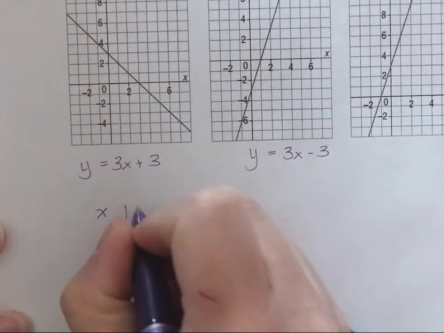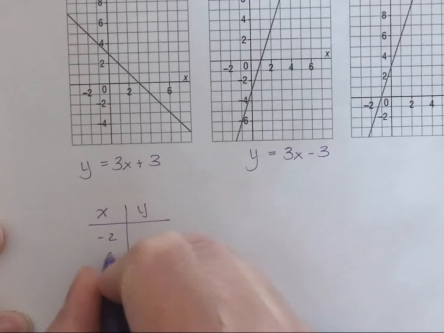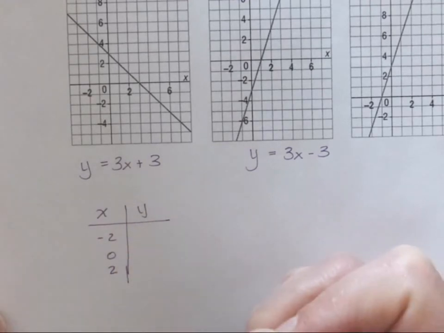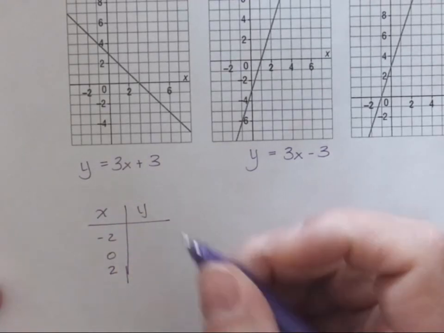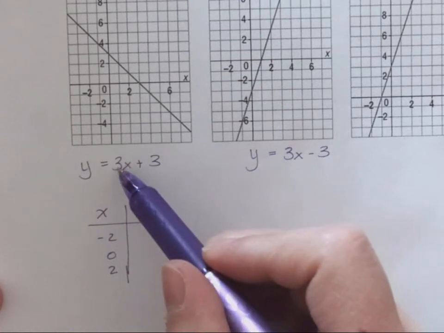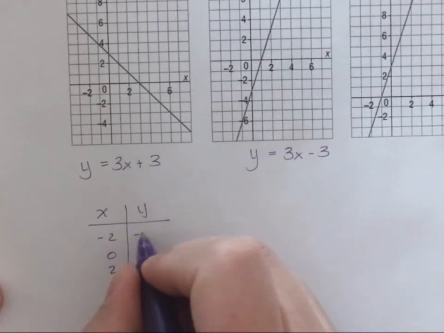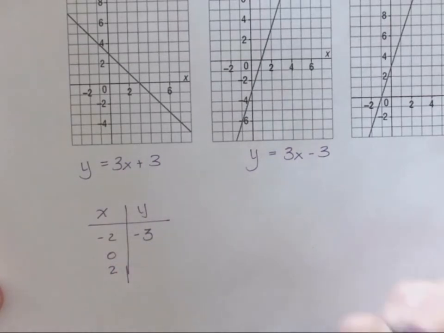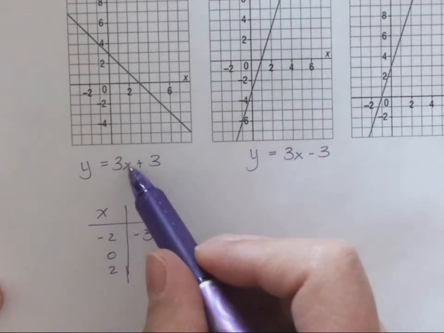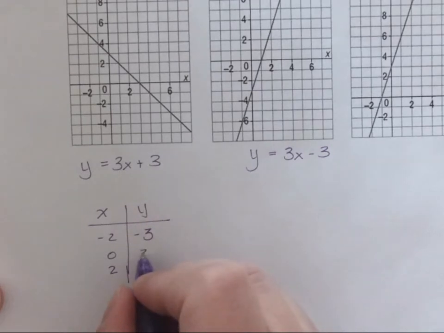Let's do -2, 0, and 2. Okay, and again, I'm going to do it in my head. So negative 2 times 3 is negative 6. Negative 6 plus 3 is negative 3. If I put 0 in here, 3 times 0 is 0, plus 3 is 3.